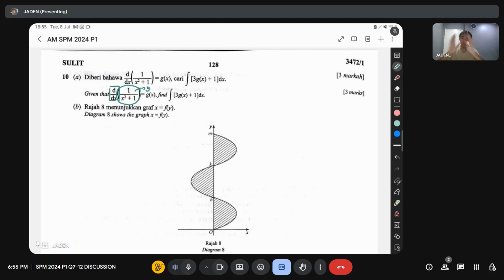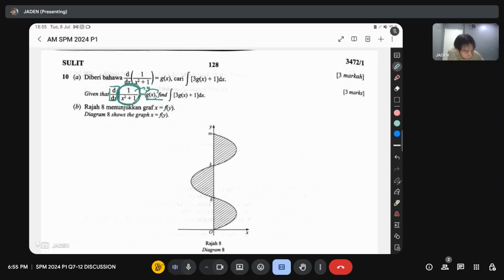The full thing on the left hand side is like when you differentiate this equation or this term, you will get gx as a result. I repeat that again. If you see d per dx and then a bracket with something, that means if you differentiate this 1 per x squared plus 1, you will get the result gx.